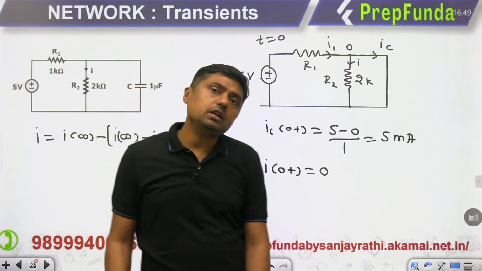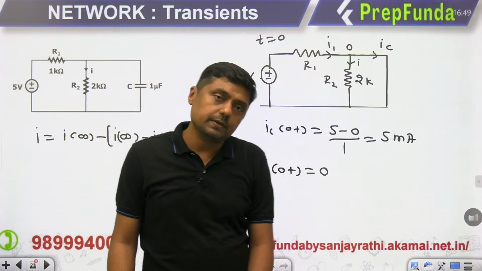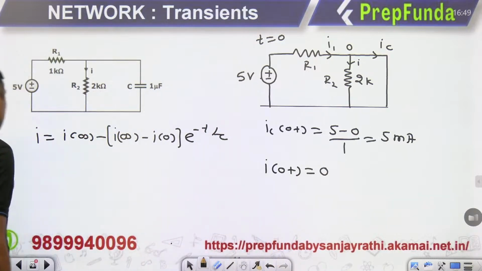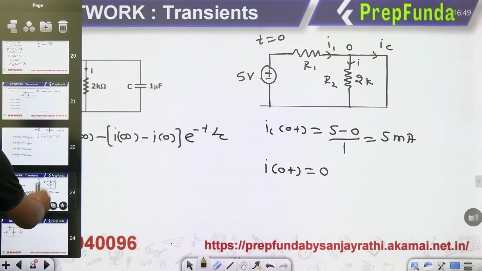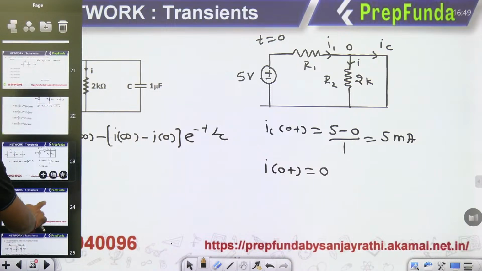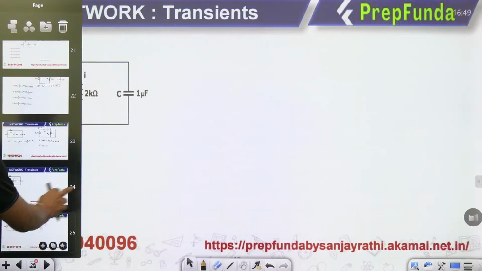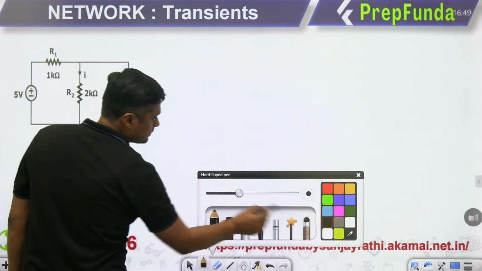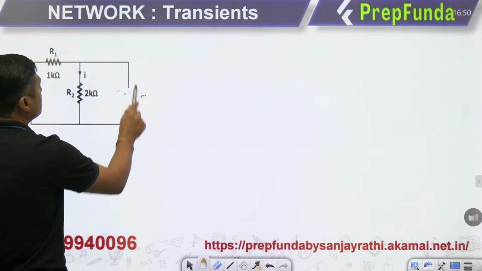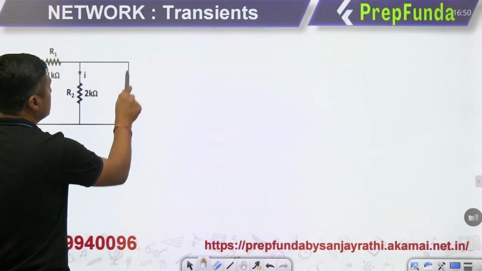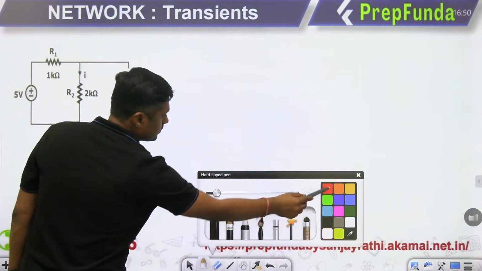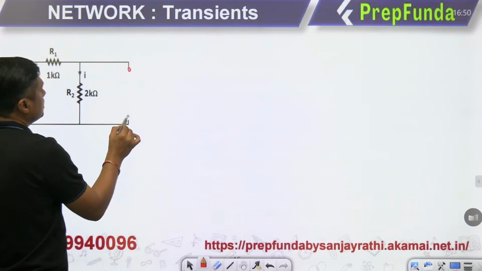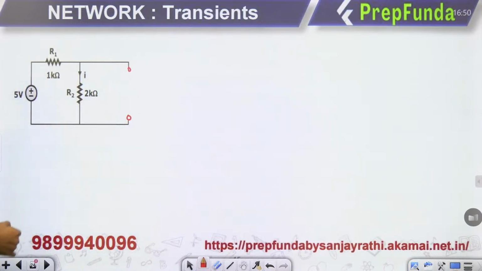Now, finally, the capacitor will act as what? Open circuit. When finally the capacitor acts as open circuit, then the complete current will pass through this.